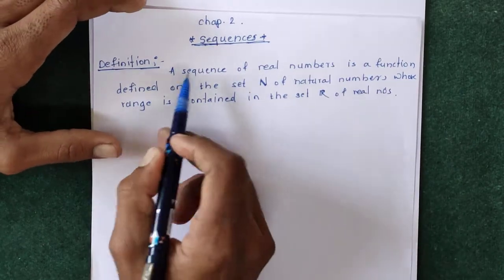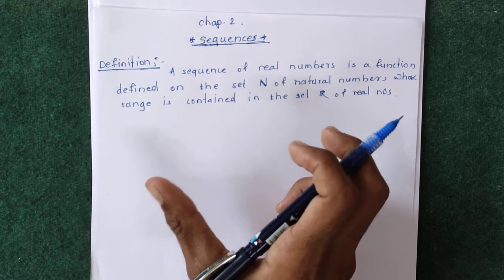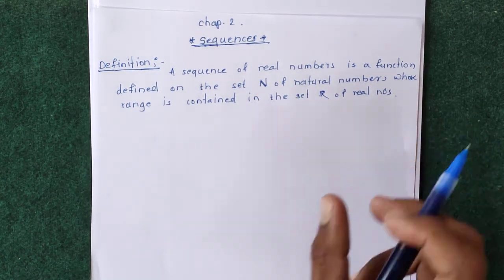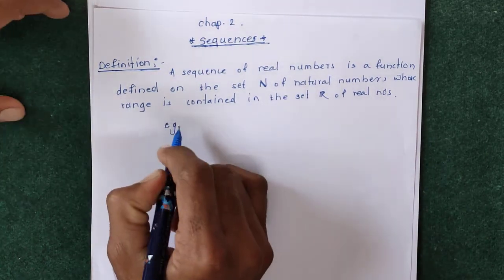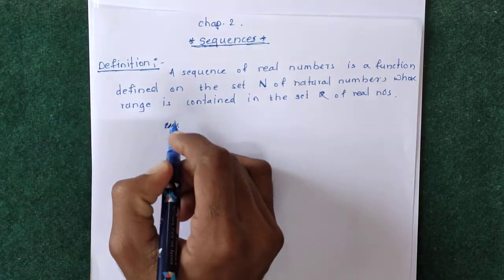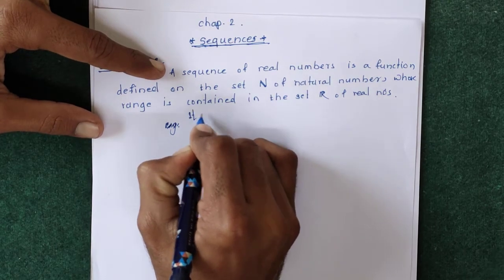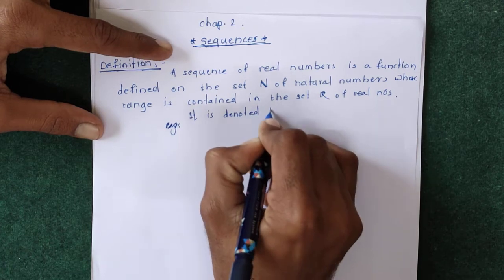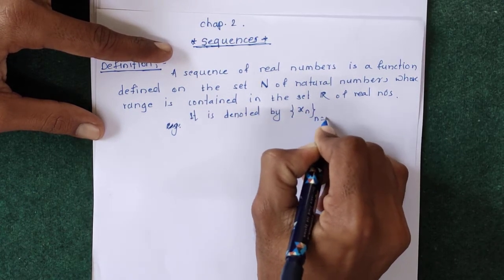In another way we can say that a sequence is a definite rule which gives the arrangement of natural numbers in real numbers. For example, first of all we take the notation of that sequence, xn, denoted by xn, n from 1 to infinity.